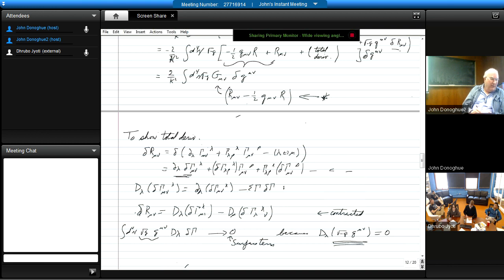This is the contracted Palatini identity. I'm not an expert on this. I've seen this said. But for the scholars among you, there it is.